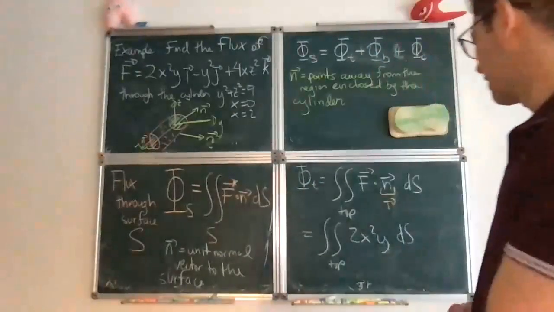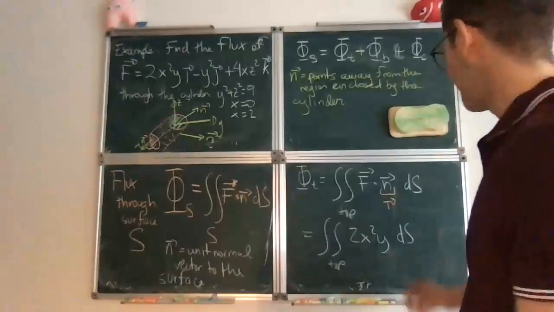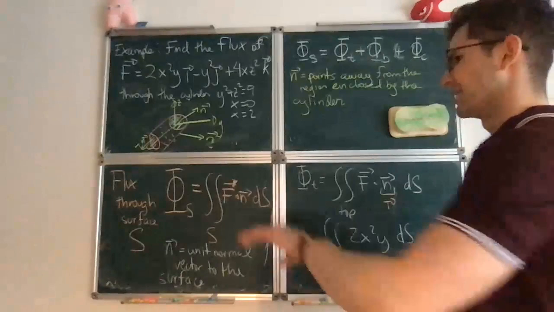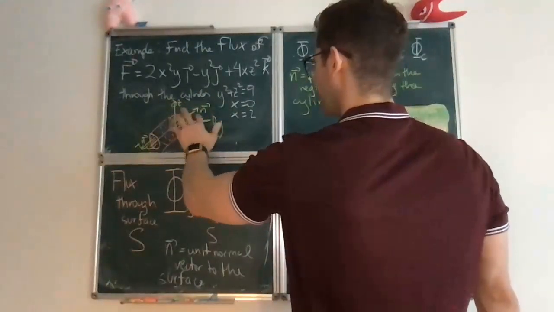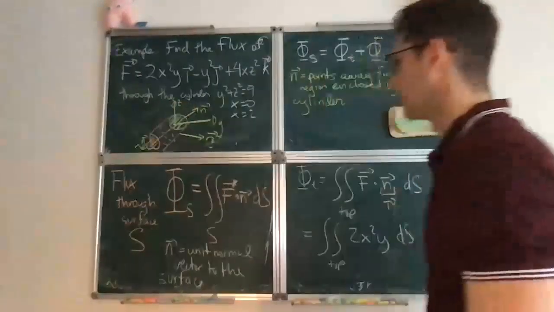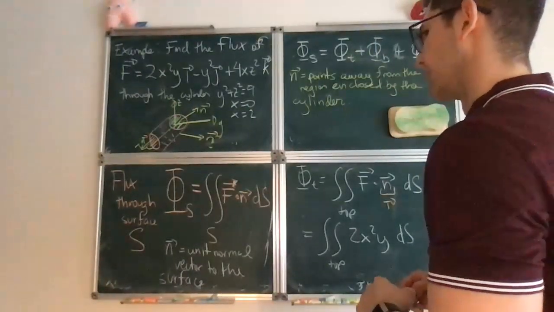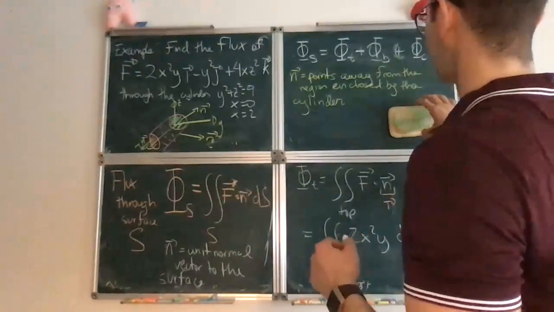And now the question is how to integrate dS. Well, here you can just use polar coordinates, because this is basically perfectly aligned to the yz plane. So you can just say you're using polar coordinates.